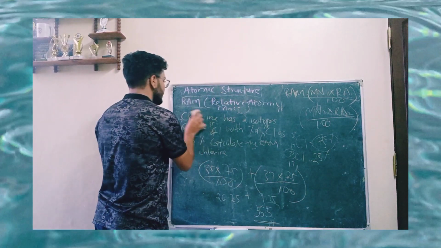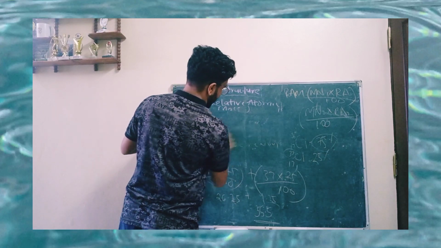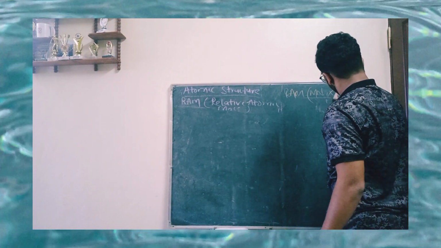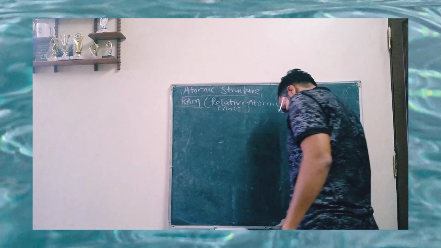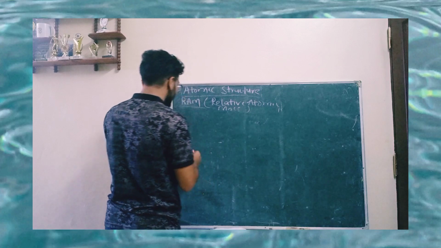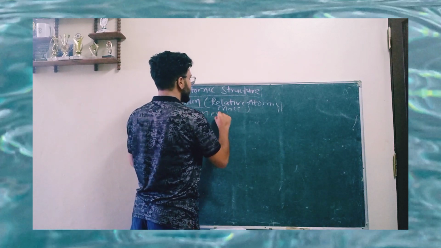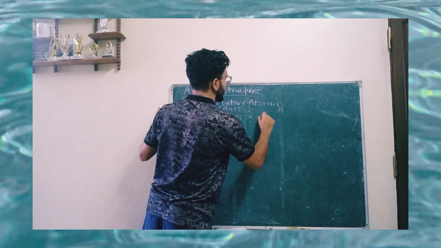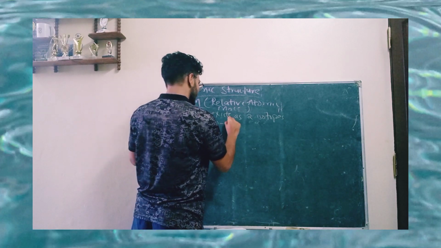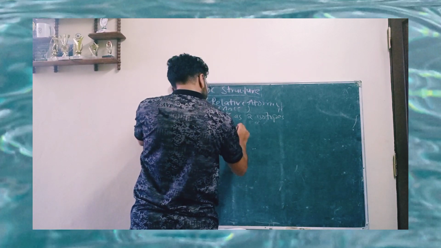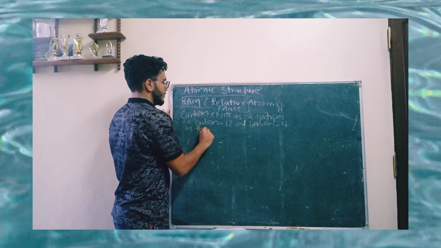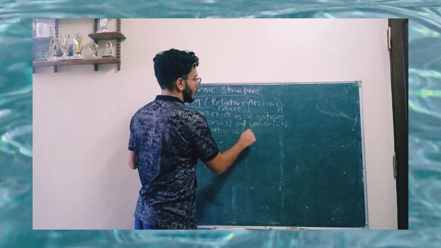Another example. Carbon exists as two isotopes, i.e. carbon-12 and carbon-14, in the ratio 4:1.